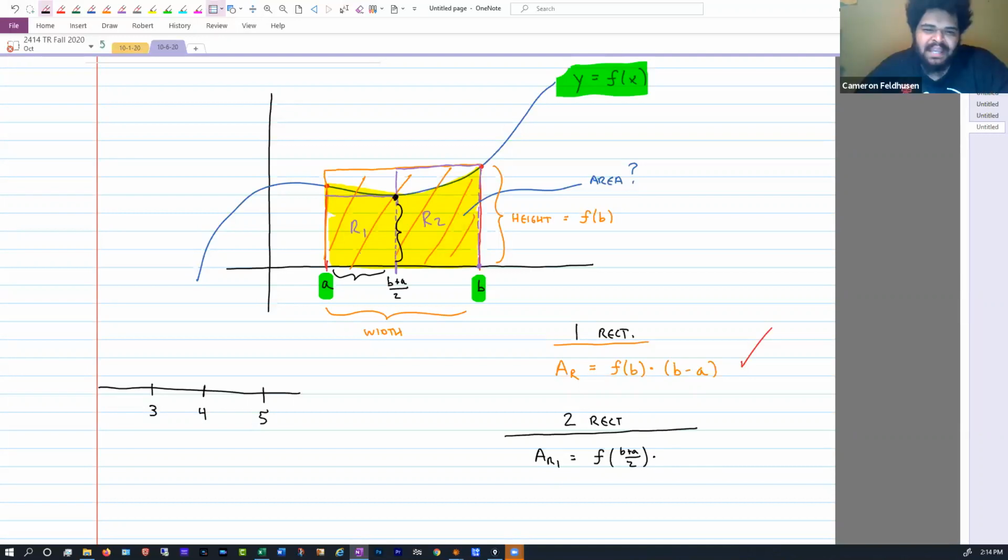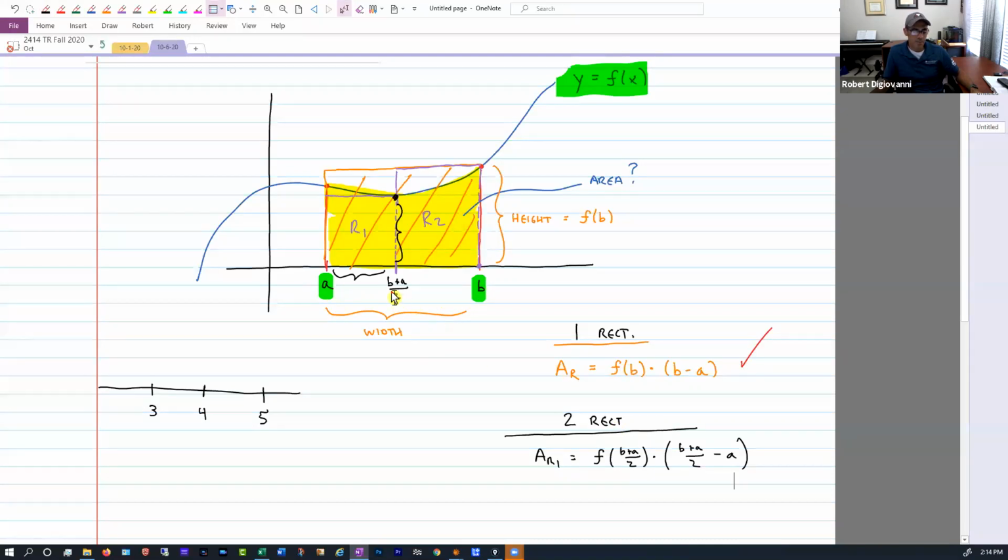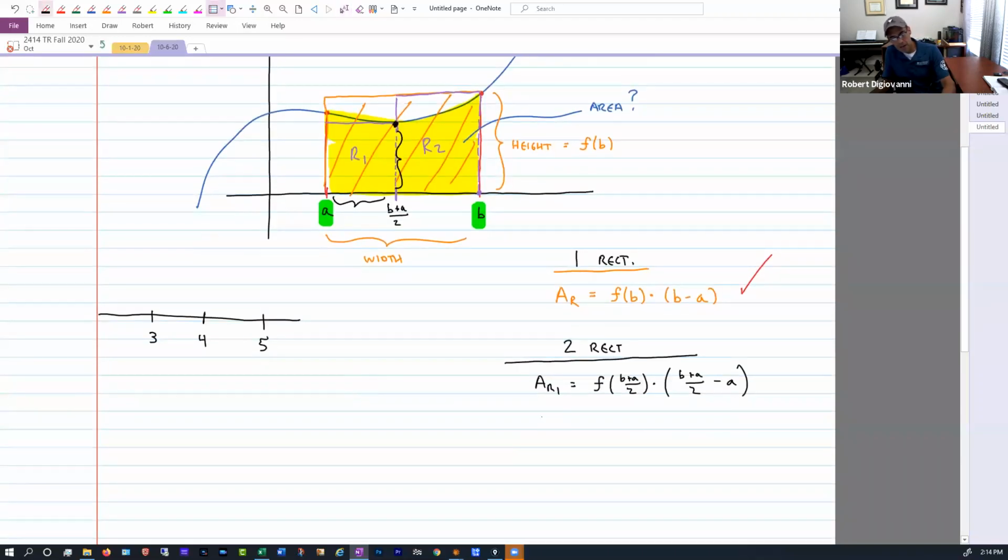It's B plus A over 2 minus A. Just like on the previous one, it was B minus A was that distance. Here it's B plus A over 2 minus A. And then I could go find the area of rectangle 2.